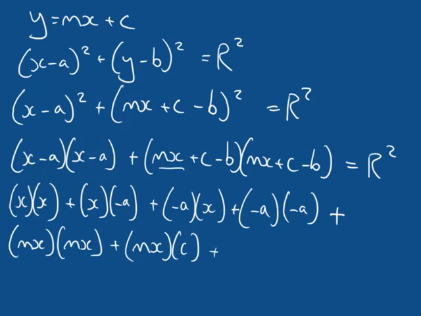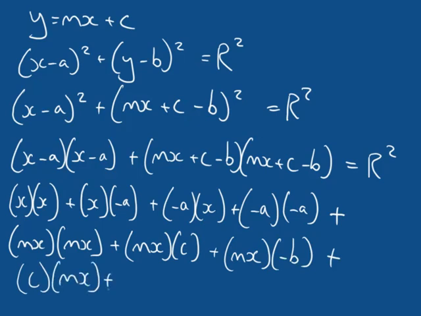Add to that mx multiplied by minus b. Add to that c multiplied by mx. Add to that c multiplied by c. Add to that c multiplied by minus b.